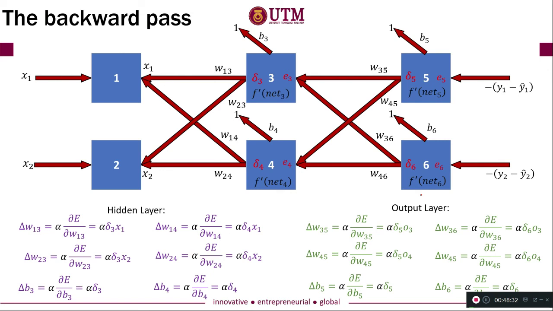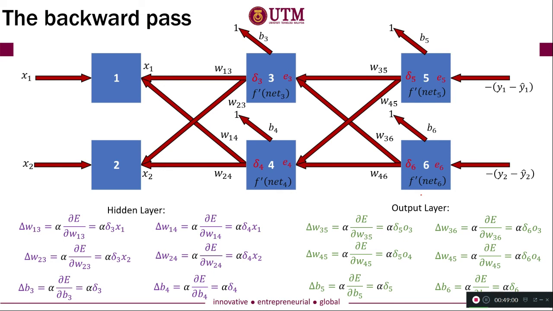The only difference is the definition of E, the local errors that happen at the output layer. The definition is different from the definition of error E at the hidden layer, because for the hidden layer you need to know the connections.